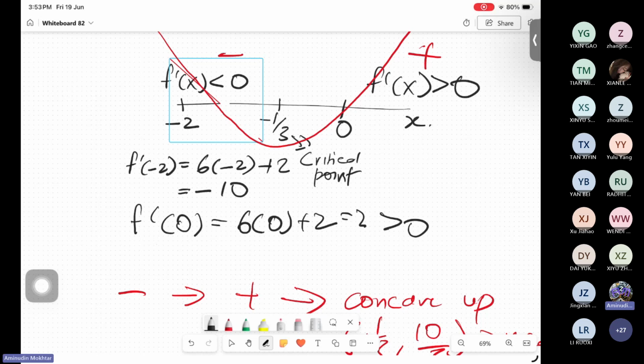Sorry, minus 3. Here we show you the graph.